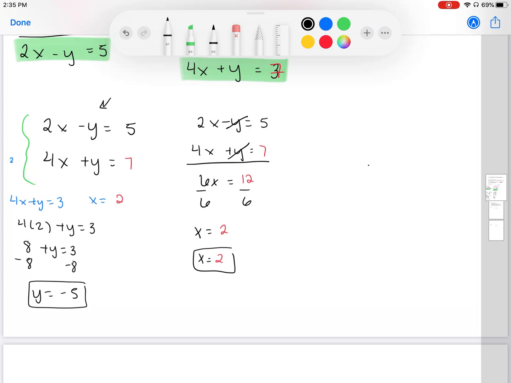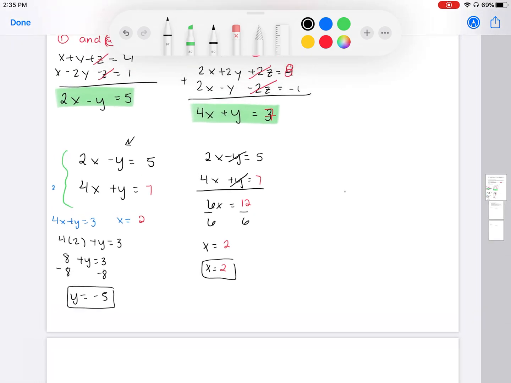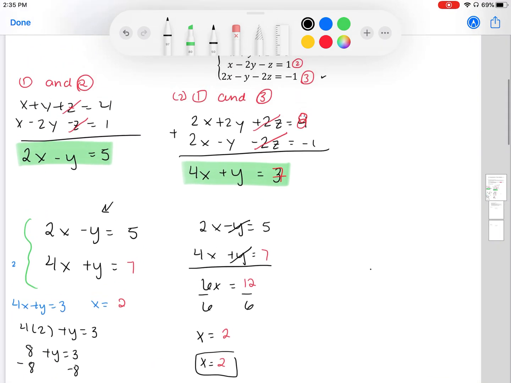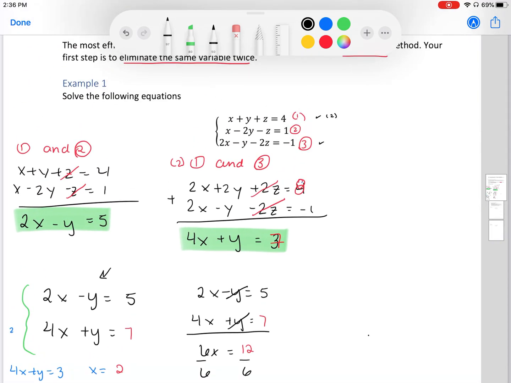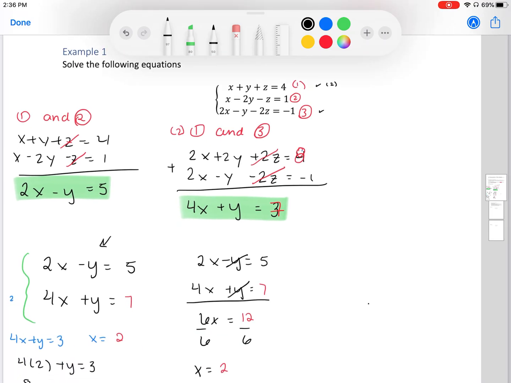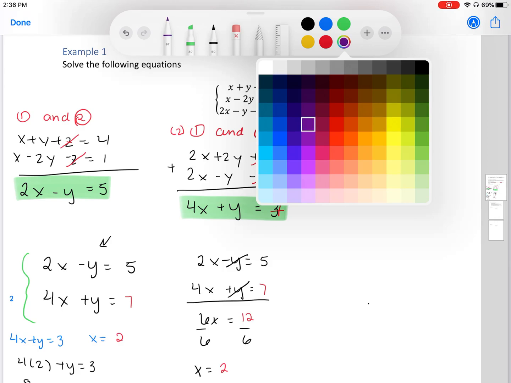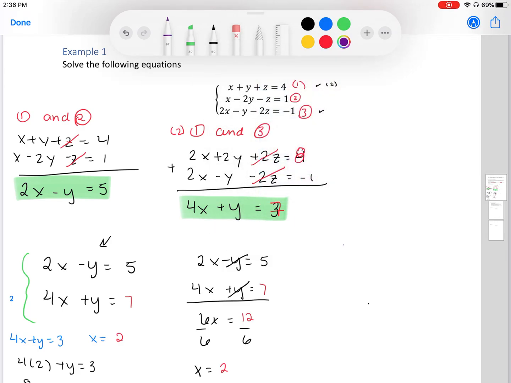Now that we have our two variables, I go back to my big picture, and we plug these two into whichever equation we'd like. I'm going to use that first one: x plus y plus z equals 4.